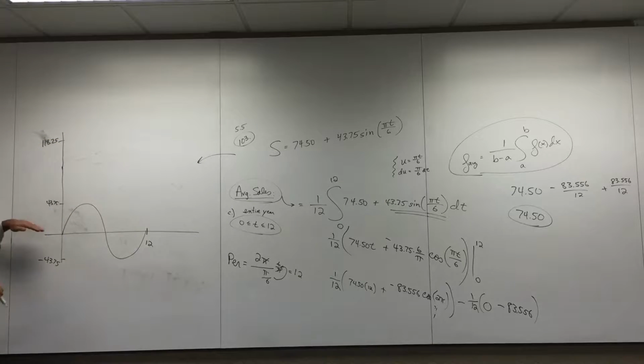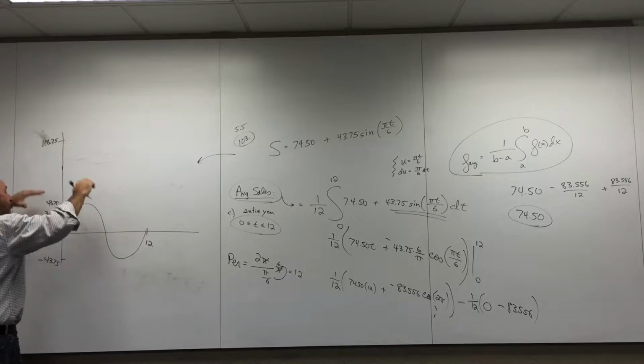Thank you. I just added 74.50 to it. If I add 74.50 to this, where does it put me, please? 30.75. Okay, thank you. So the new graph looks like this.